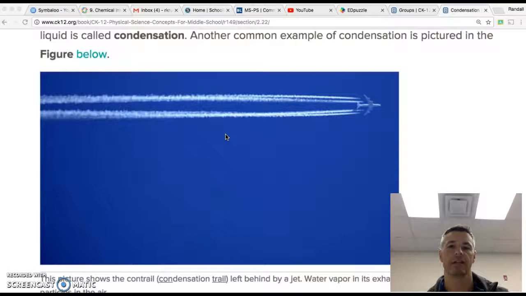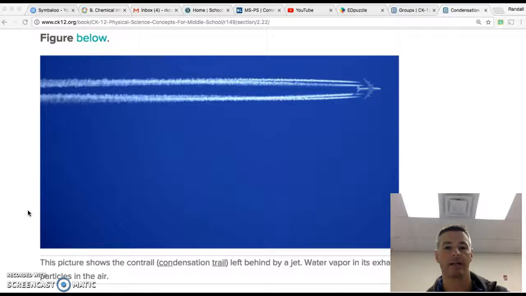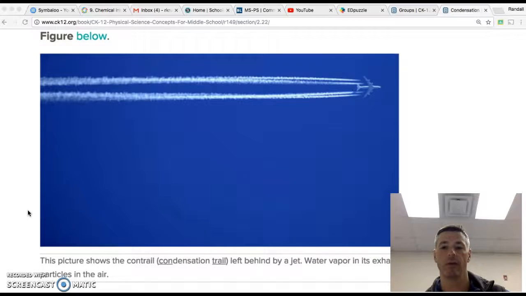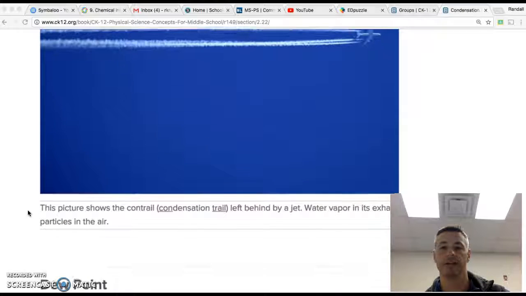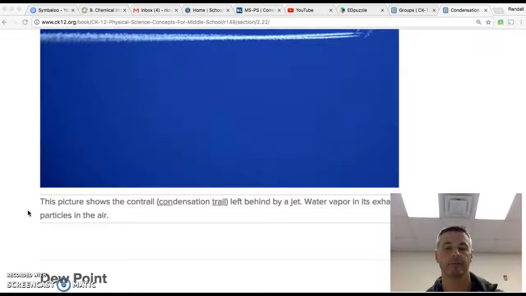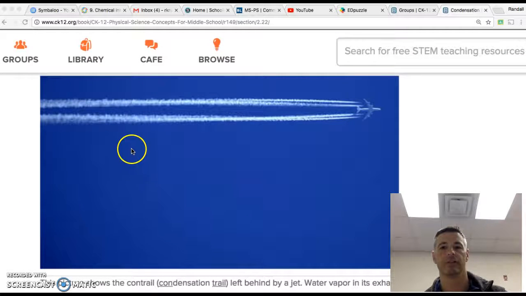It's condensation. It's a gas turning to a liquid. So the picture shows the contrail, or condensation trail, left behind by a jet. Water vapor in its exhaust gases condensed on dust particles in the air. Make this a little smaller. Condenses on dust particles in the air and turns to a liquid.